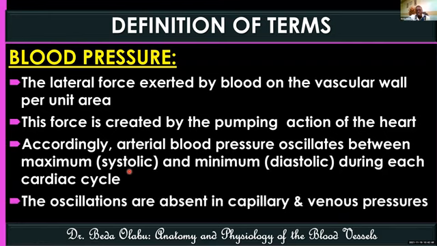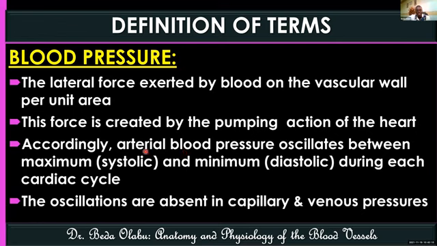That may not be the case for the pressures in the capillaries and the pressures in the veins, and I'll tell you why shortly. What I mean is that the pressures in the capillaries and the pressures in the veins do not necessarily oscillate, but the ones in the arteries oscillate.